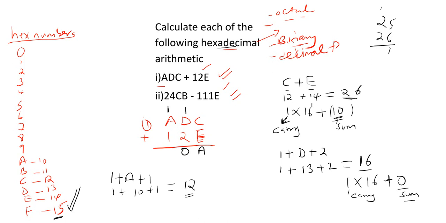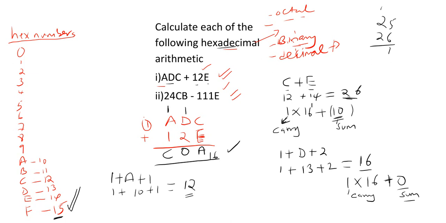In this case, 12 is within 0 to 15, so we just look at the equivalent for 12, which is C. Remember, we are dealing with hexadecimal numbers, so we cannot write 12 here, but we look at what represents 12 in hexadecimal numbers. So that is C. So we write C there. So in this case, ADC plus 12E, we get C0A base 16. So that is the answer for the first one.